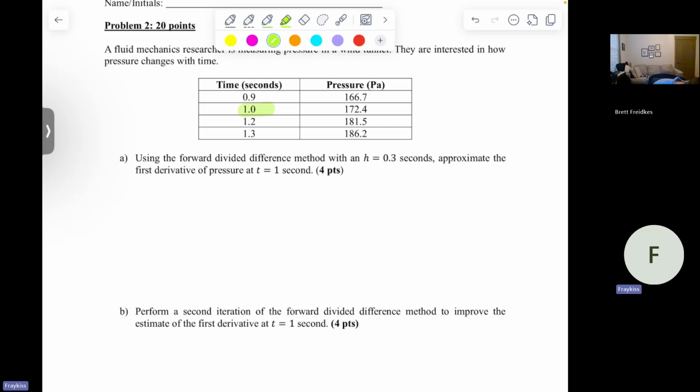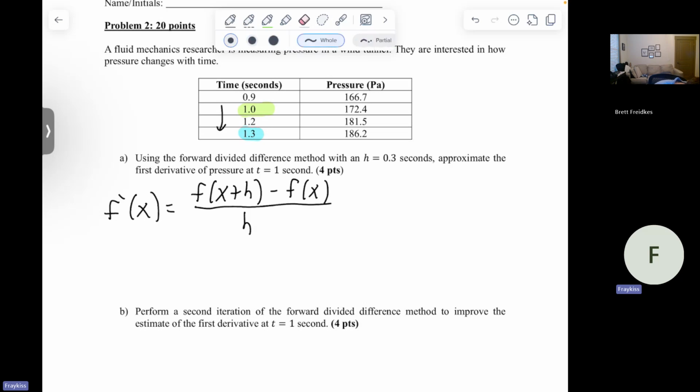So that means if I'm going forwards, I will go forwards in time by a distance of 0.3. So I'm going to say that the derivative approximation at some point for forwards is f of x plus h minus f of x over h. And really it should be approximately, right? Because this is an approximation since we have a finite h.